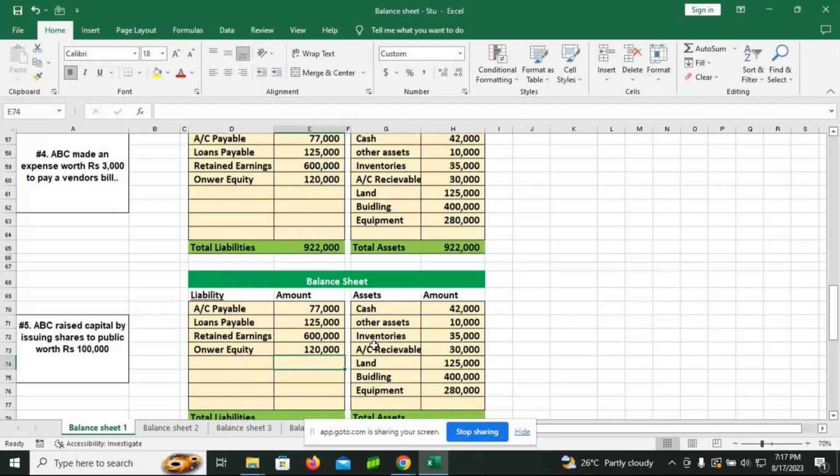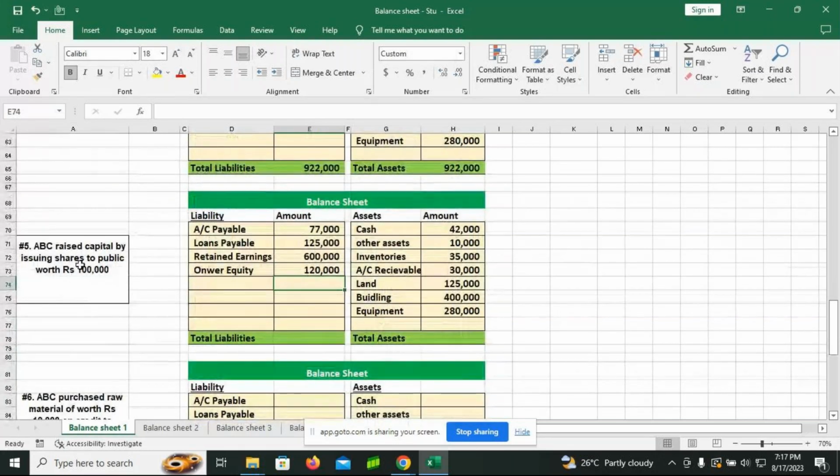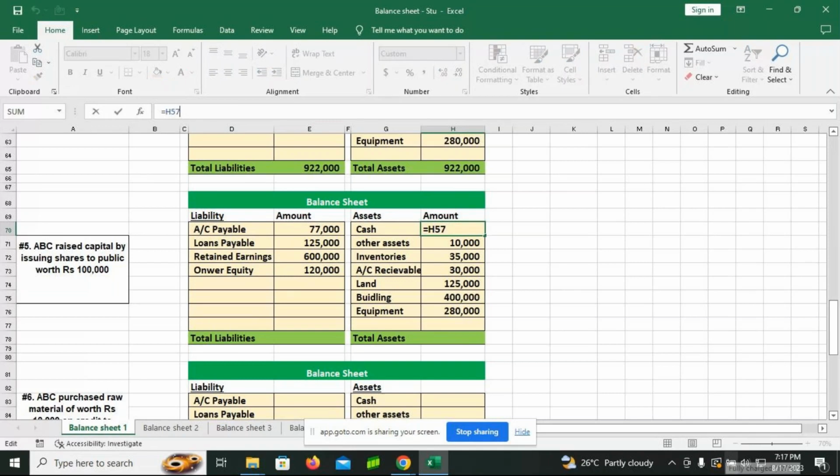And here what they are telling, ABC raised capital by issuing shares to the public worth 1 lakh rupees. So it is increased. So here I will add to the cash. So 1 lakh rupees I have added here, and in retained earnings I need to add 1 lakh rupees. So I have earned 1 lakh rupees more. So I come here, alt equals. So here also alt equals.